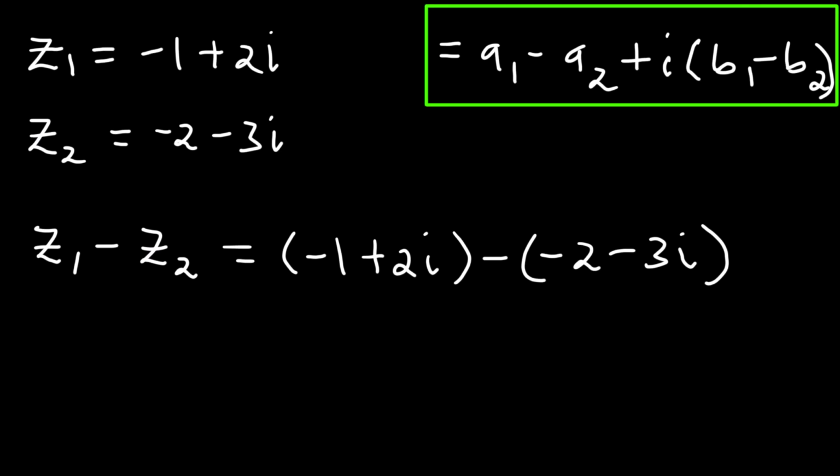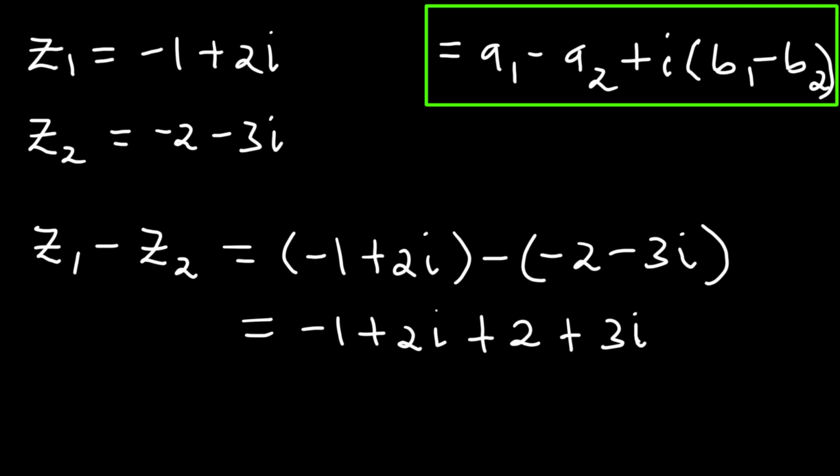So we shall have negative 1 plus 2i. Now if we open the brackets, minus negative 2 will give us positive 2, and then minus negative 3i will give us positive 3i. So this will be plus 3i.